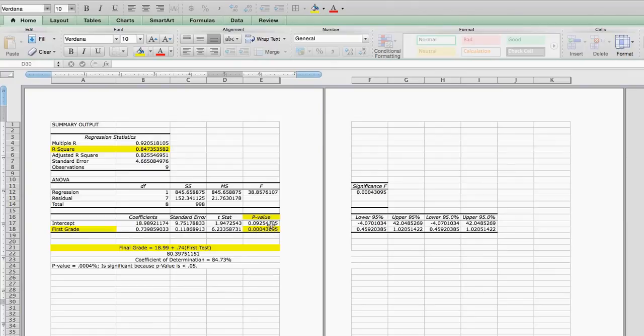Now, if you recall from Chapter 2, when we went through the areas of probability, we did discuss the p-value. If the p-value is less than the level of significance, 5%, we would say there is a significance level. If p is greater than the alpha or the level of significance, there is no relationship.